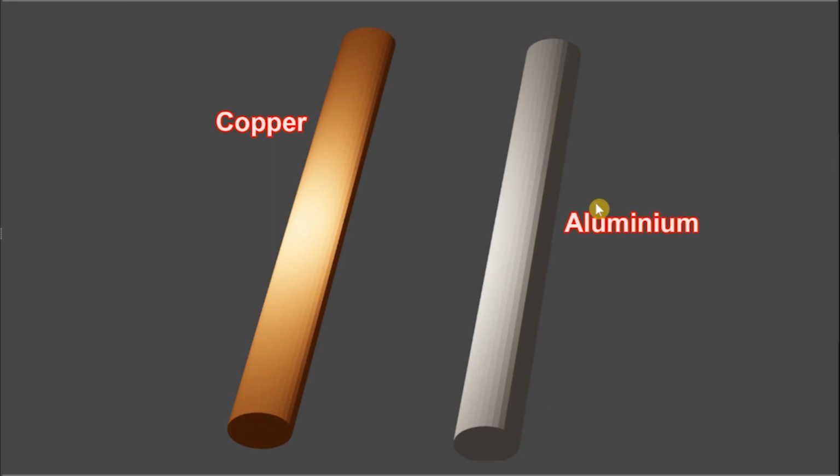Take two conductors, one copper and the other aluminium. Both are having same length and same cross sectional area. But if we see the resistance across the two ends, they are having different resistance. That means there is a third thing which controls resistance of the materials.